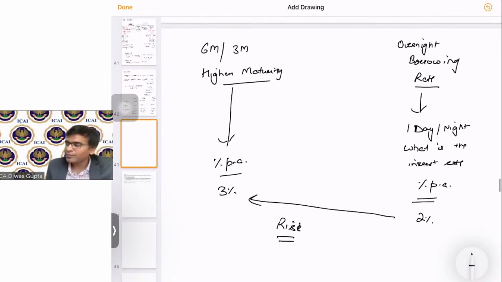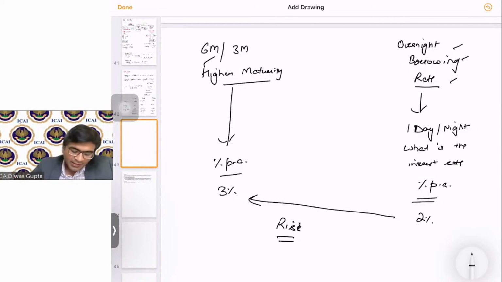Because as I told you in my previous session, overnight borrowing rate assumes zero risk. Risk of non-payment, I'm saying. Zero risk of non-payment. Why? Because today you are investing for one day. You definitely know that the company in which you are investing will not go bankrupt over today itself. Correct? Or let's say the cash flows will not turn very bad over one day, so that tomorrow it is not able to service my obligation.